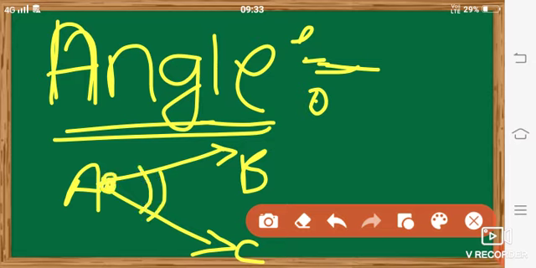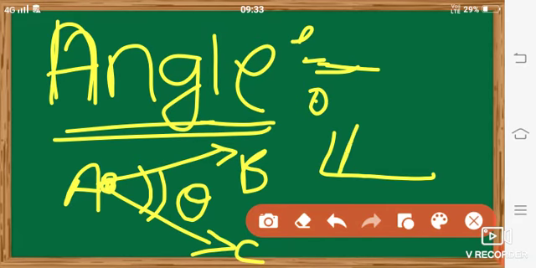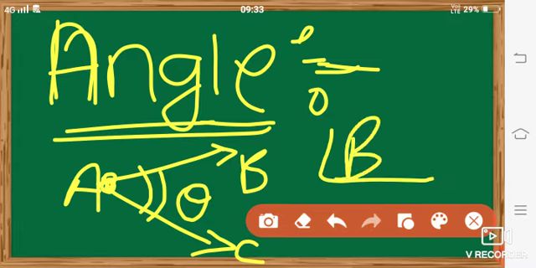This point is A, and they form an angle. That angle is theta. We denote it by angle ABC, BCD or anything, but here we take B, A, C. This is an angle, and we denote it with this symbol.